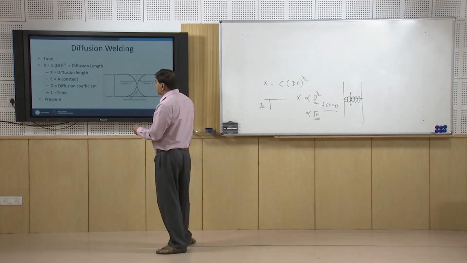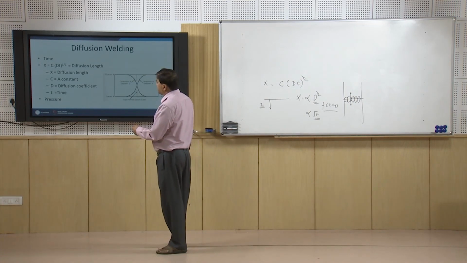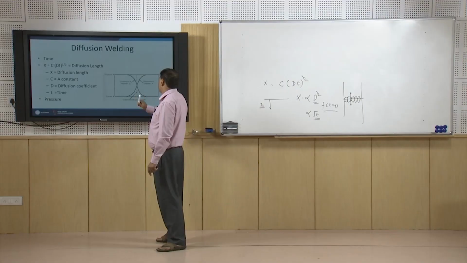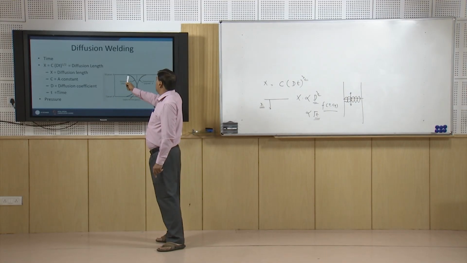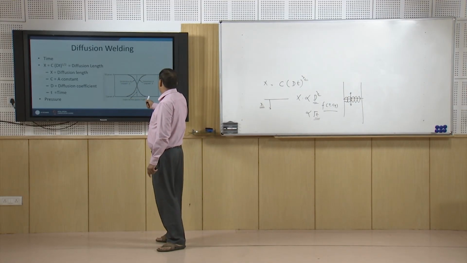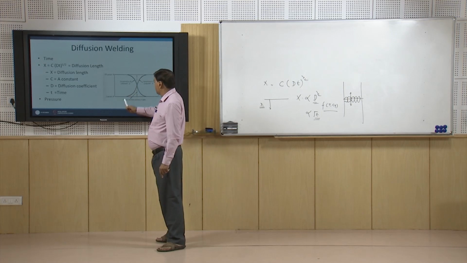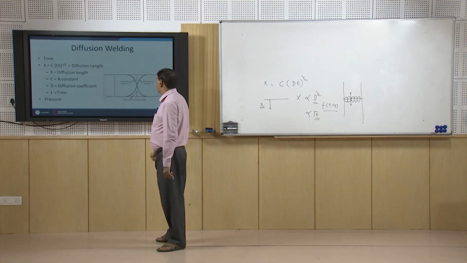So, x is the diffusion length, C is the constant, D is the diffusion coefficient, and t is the time. Whenever diffusion takes place across the interface, we will see that there is a concentration gradient of the elements. So, element B will be diffusing towards A and element A will be diffusing towards B, and there will be a continuous change in concentration of the elements on the two sides.